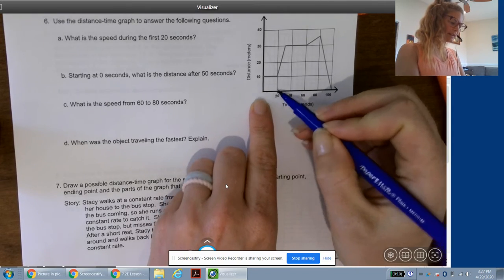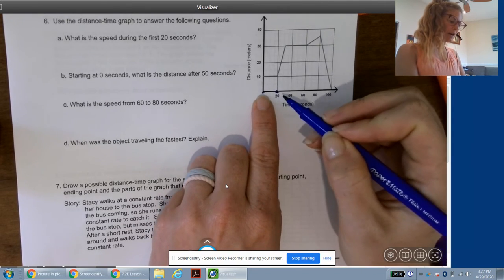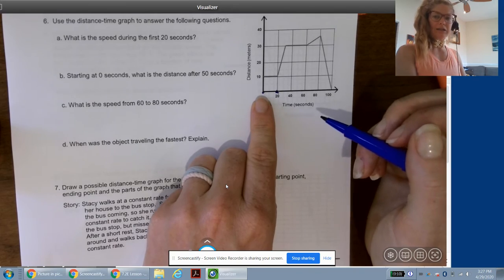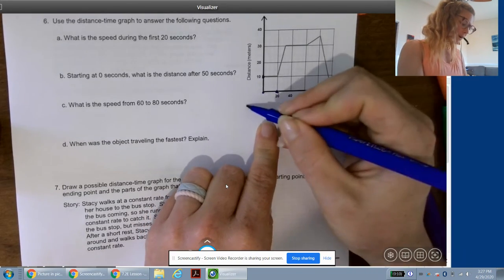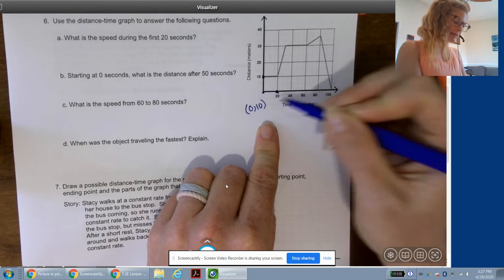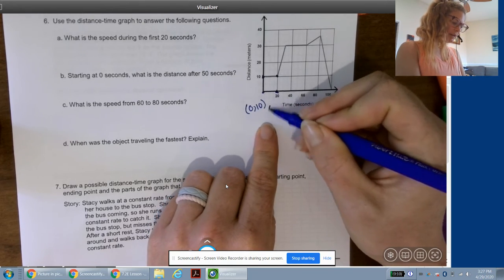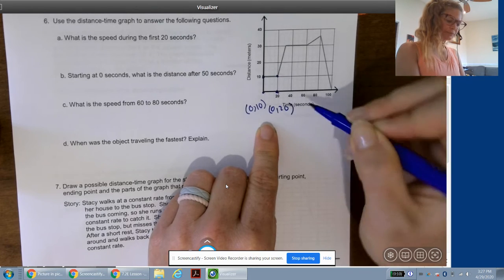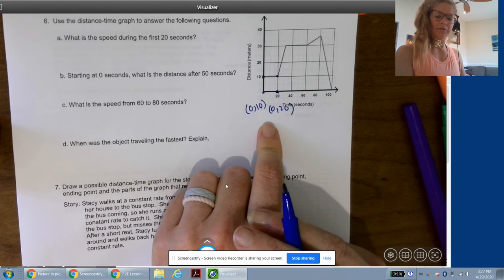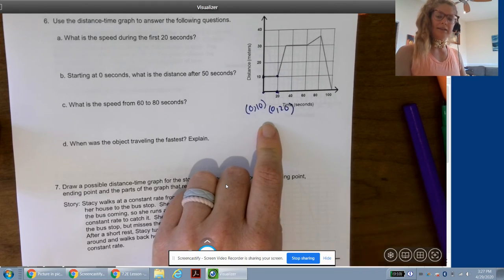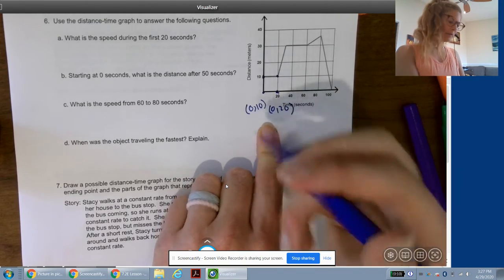Well, from here to here, remember, speed is your slope. So what you could do is think about the slope from 0, 10 to 0, 20. And we looked at that as the velocity or speed is the slope of a distance-time graph.